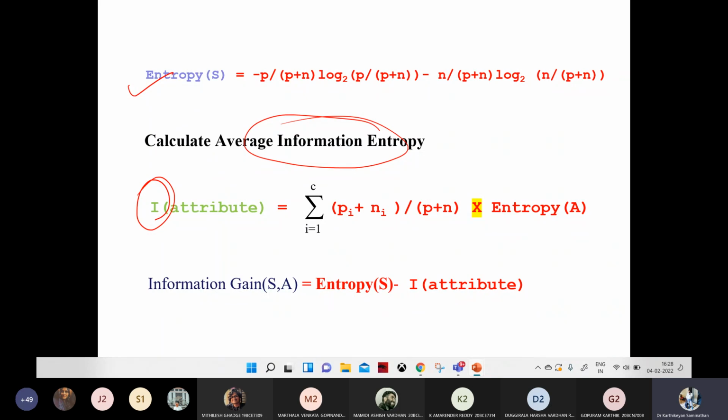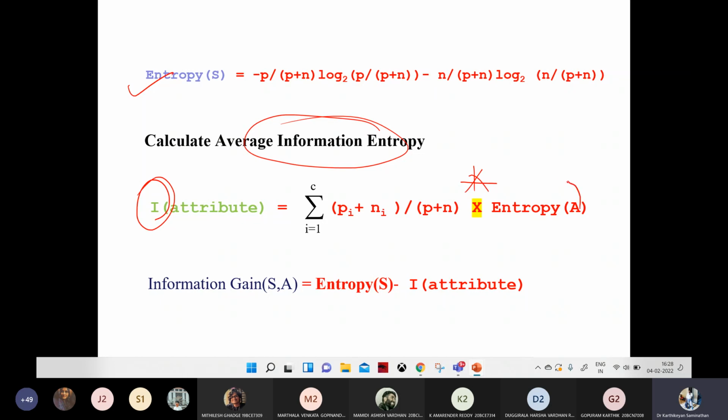So you need to calculate the I attribute for individual columns and finally add them up. That is the summation of Pi plus Ni, meaning positive plus negative, divided by P plus N, into the entropy of A.